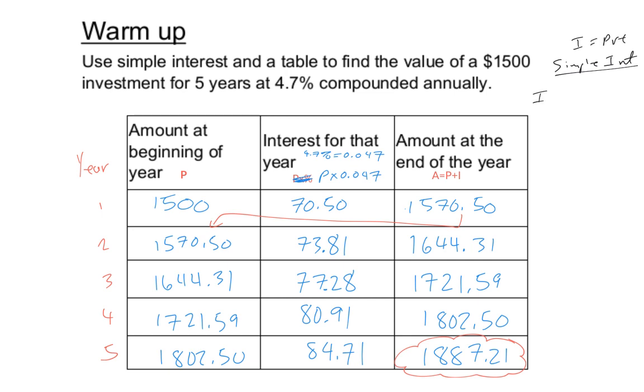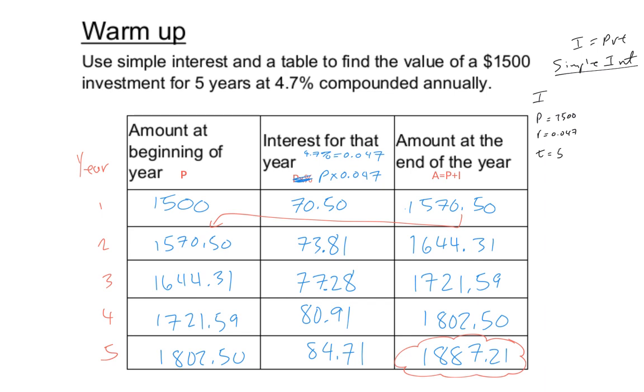So we need I, we need P, we need R, and we need T from the original equation, and we're going to get P is 1,500, R is 0.047 for 1 year, and the number of years is 5 years, so T is equal to 5.